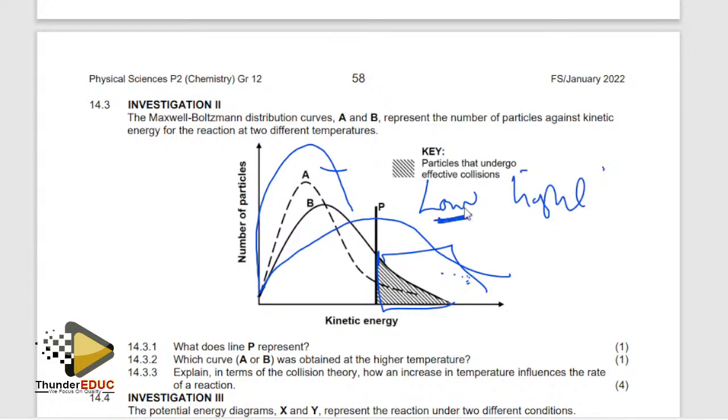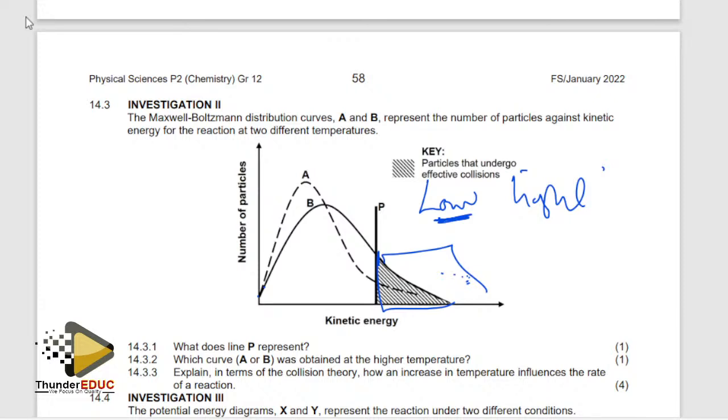When you increase the temperature, the number of particles with sufficient energy will increase, meaning that increase in temperature increases the number of particles having a higher kinetic energy. You understand?